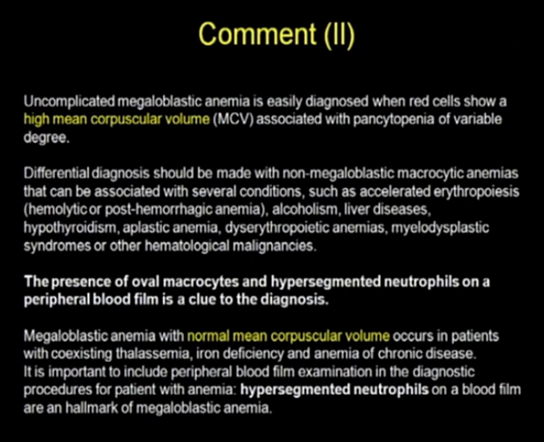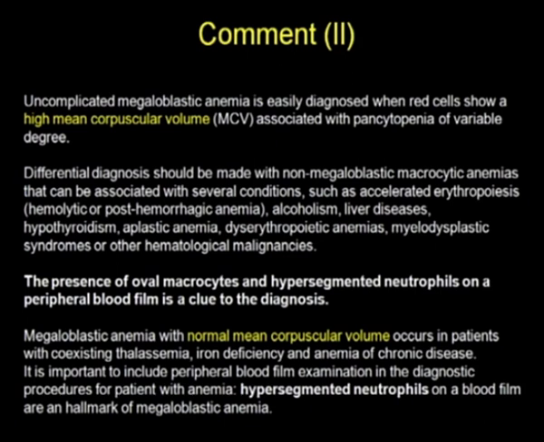Uncomplicated megaloblastic anemia is diagnosed when we have an increase in MCV associated with pancytopenia of variable degree. Differential diagnosis should be made with the non-megaloblastic macrocytic anemias that can be associated with several conditions such as accelerated erythropoiesis, alcoholism, liver disease, hypothyroidism, aplastic anemia, congenital dyserythropoietic anemia, MDS, or other malignancies.